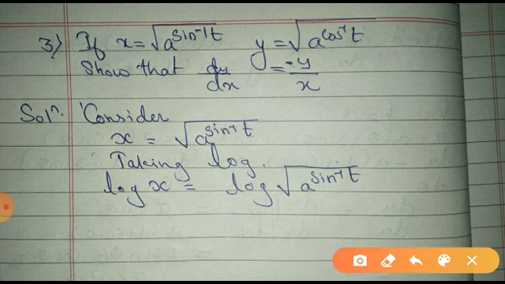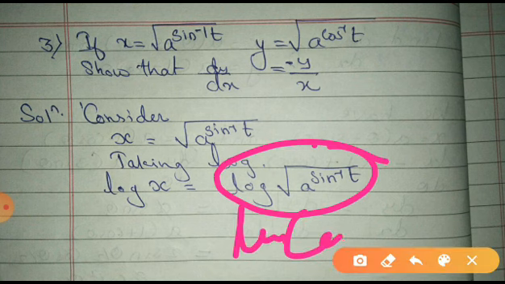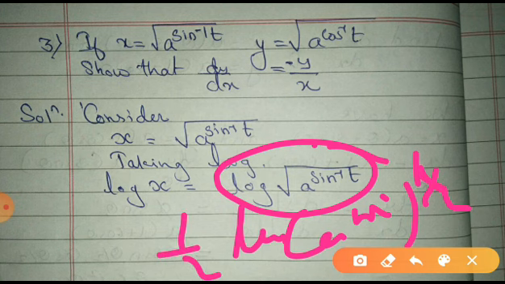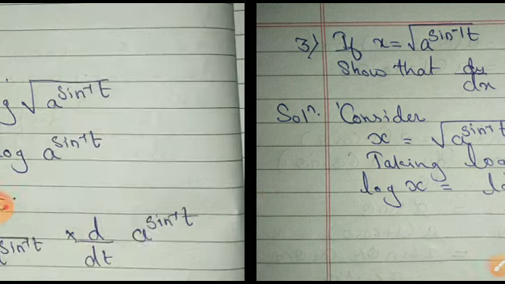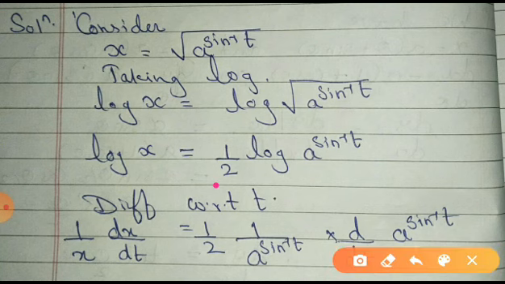Can I write this root as a raised to sin inverse t raised to 1 by 2? Yes, so it will be 1 by 2 into log of a raised to sin inverse t, and then you can take the derivative. That is an easier way. That is what I have done here, and then differentiate it with respect to t.